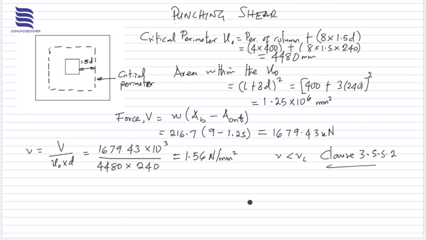Right, so you need to check the code of practice BS8110 for that application. But in this case now, let's confirm what our relation is and see how we apply our result.